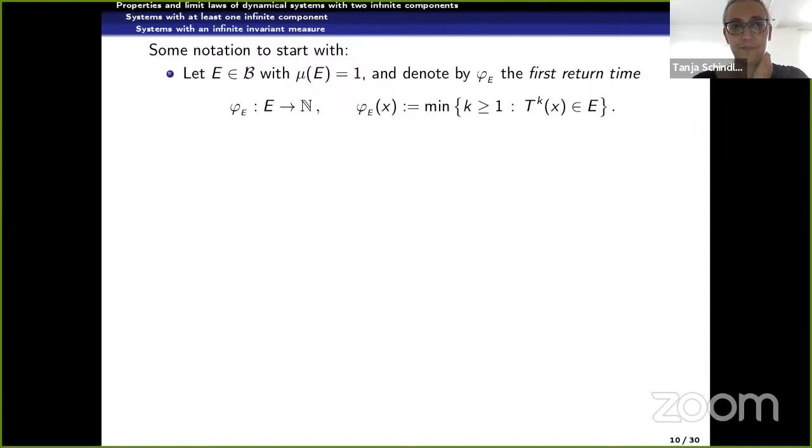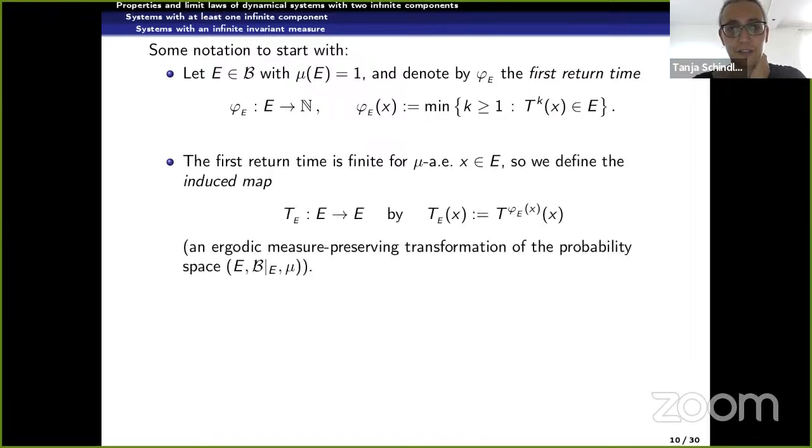So if we have some finite measure set and we actually norm it to a measure set of measure 1, then we denote the first return time by t, the time it takes until the orbit gets back to E. And almost surely this first return time is finite, so it makes sense to introduce this t.